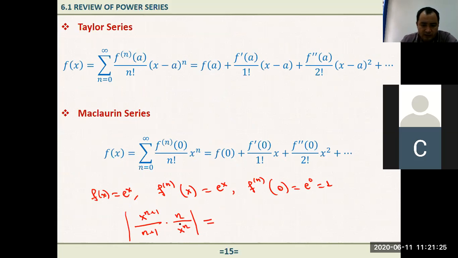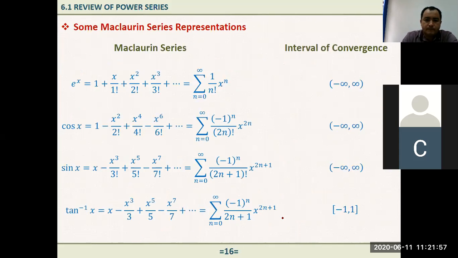If you evaluate this, these two cancel each other. Here we have x times n over n plus 1, and what will this approach?